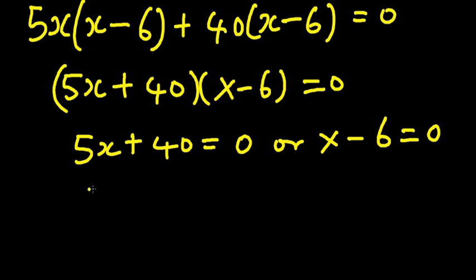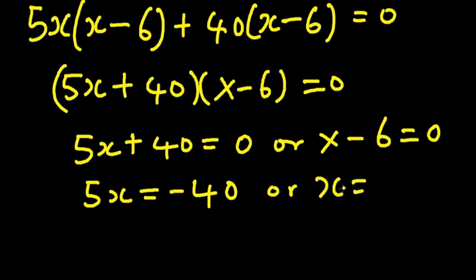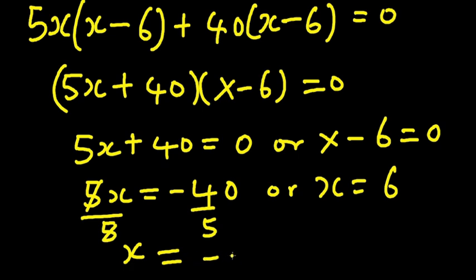As we have, 5x equals negative 40, or x equals 6. So dividing both sides by 5 in order to isolate x, we have x equals negative 8, as 40 divided by 5 is 8, or 6. So that's the answer.